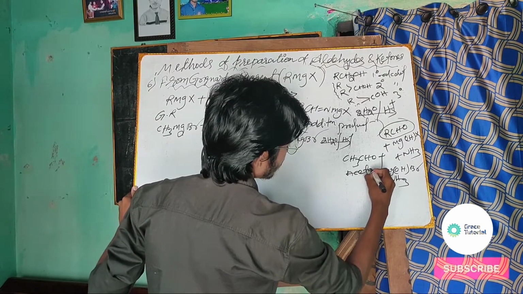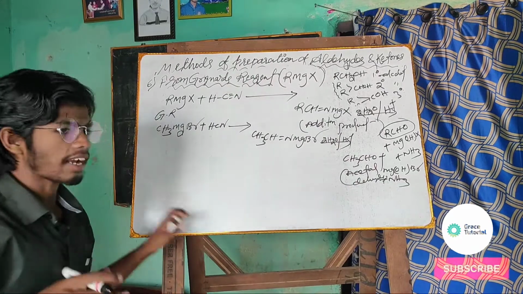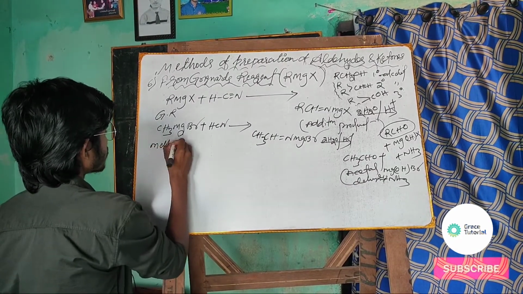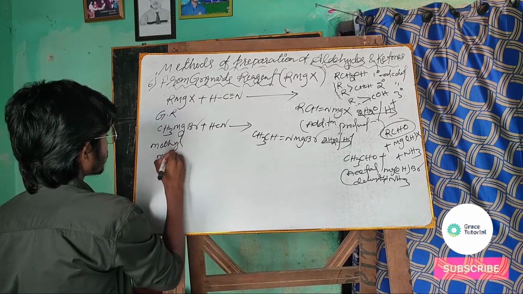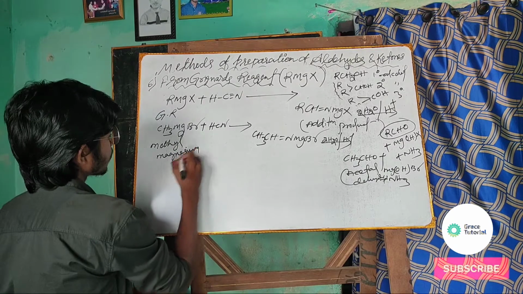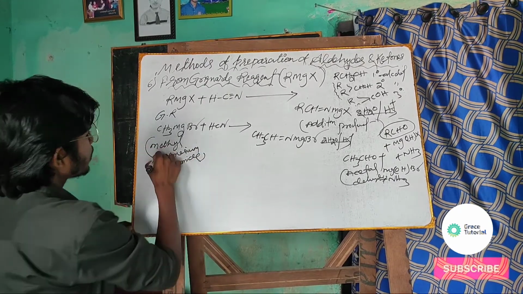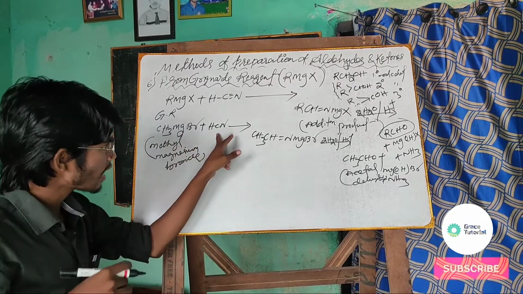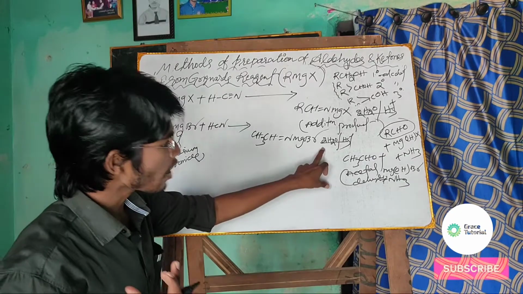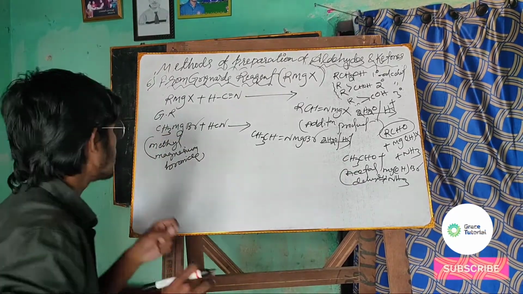Anyhow, acetaldehyde results. So this is the main product that we need from this reaction. That means when methyl magnesium bromide reacts with hydrocyanic acid, first of all the addition product results, followed by acidic hydrolysis. Later it gives acetaldehyde with magnesium hydroxy bromide.